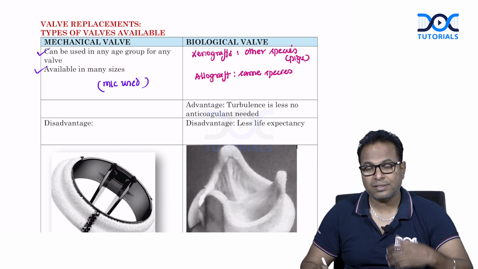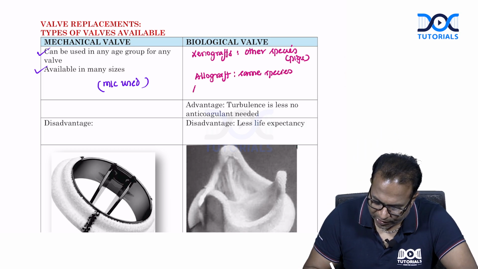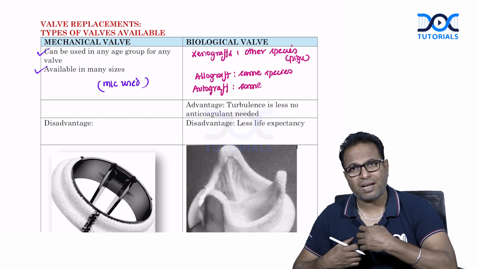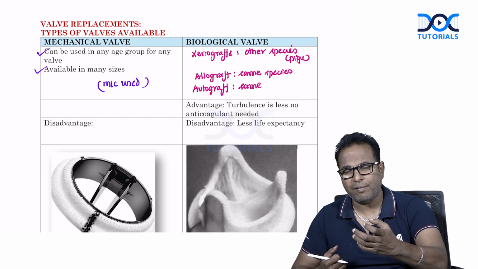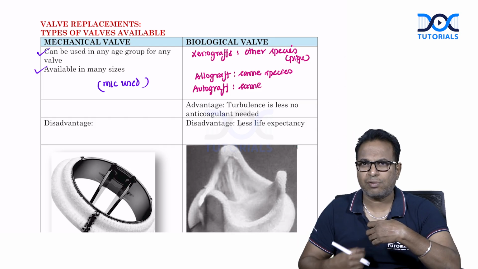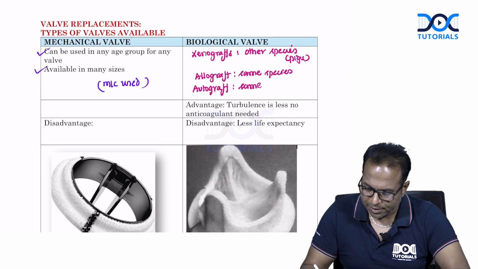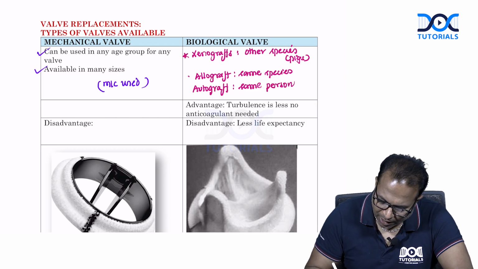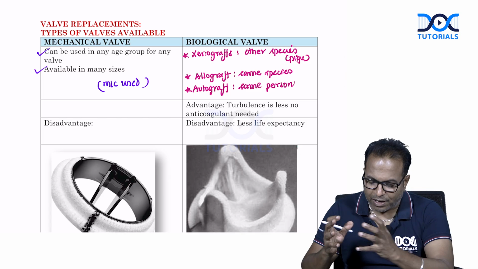So don't forget, xenograft or allograft are used, or we can use an autograft. Autograft is from the same person. See, for example, the mitral valve is more important than the pulmonary valve. So if you want a mitral valve, you take the pulmonary valve and keep it in the place of the mitral valve. That is the same person. That is called an autograft. So xenograft, allograft, autograft are all biological valves.